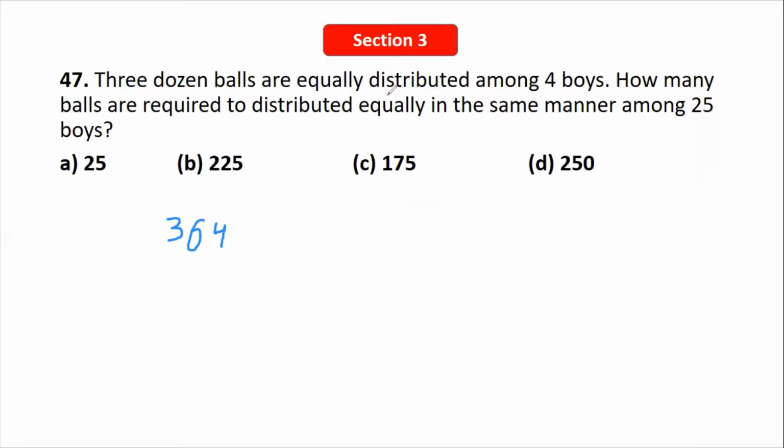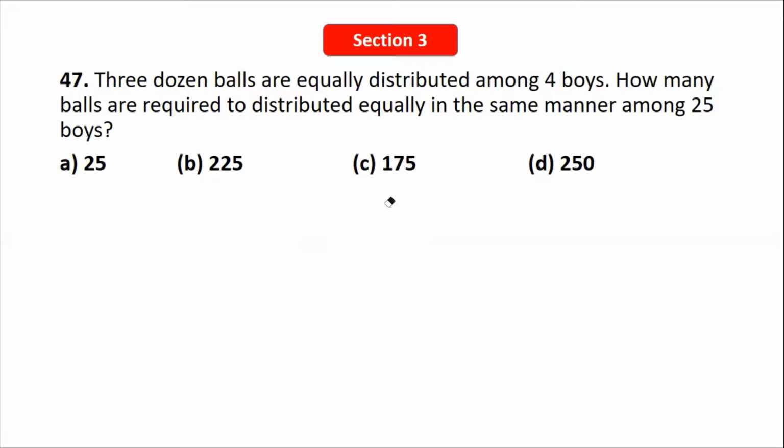In that same manner, each boy should get the same number of balls as each of the 4 boys in the first case. So we divide 36 by 4 and we get 9. Now we multiply 25 by 9 because each boy has 9 balls. So 25 nines are 225.